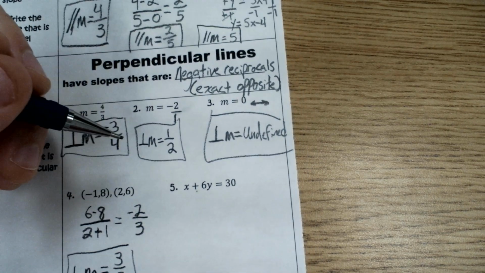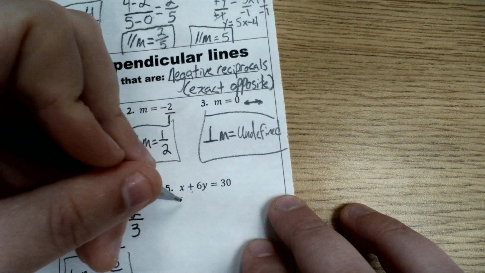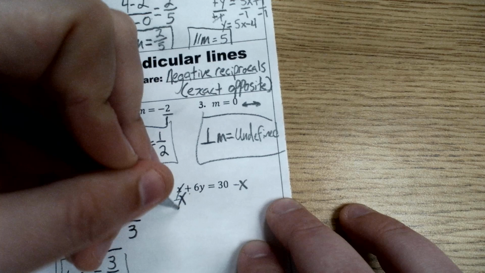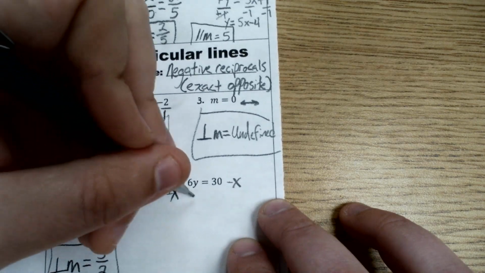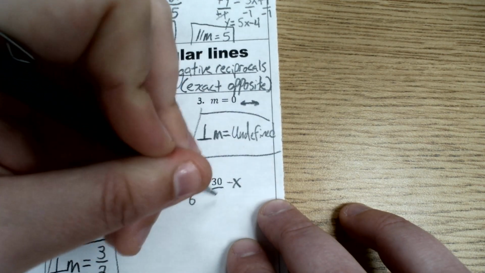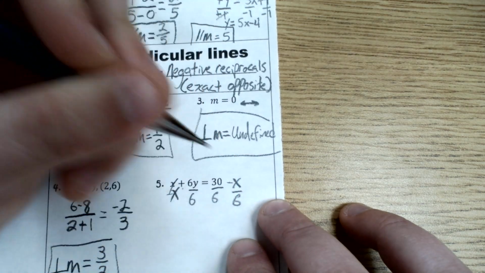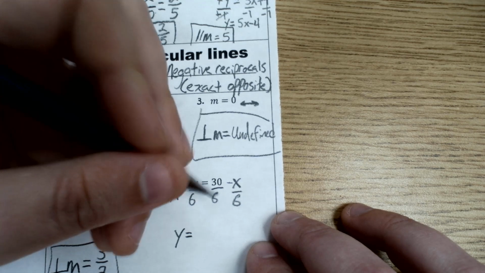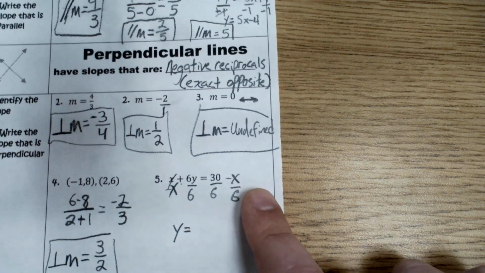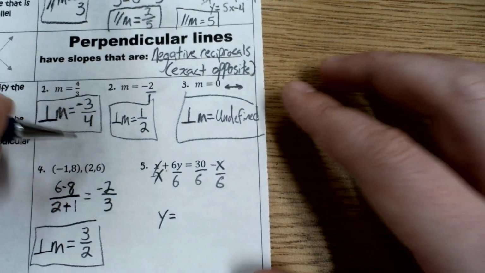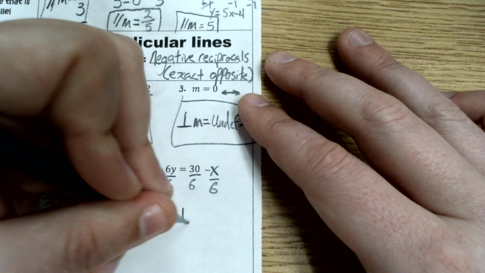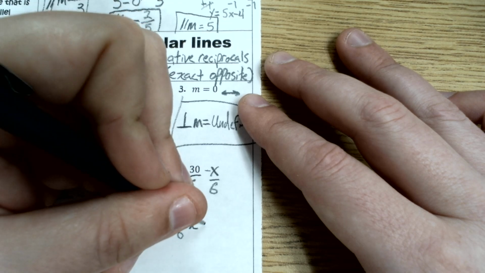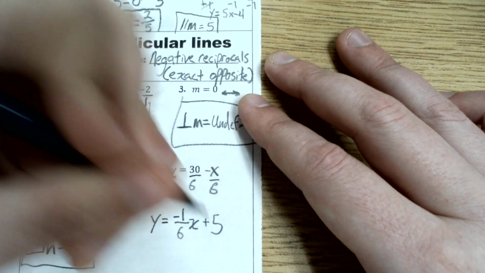And for my last one, changing my formula here, subtract x from both sides. And as those cancel out, I'll divide by 6, which gives me y equals negative 1 over 6x plus 5.